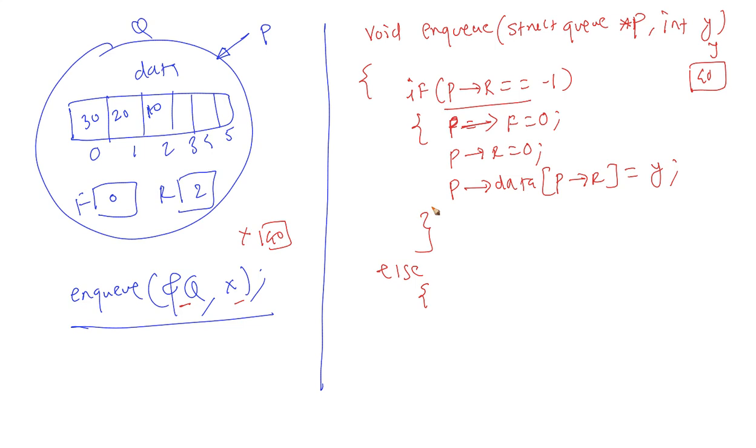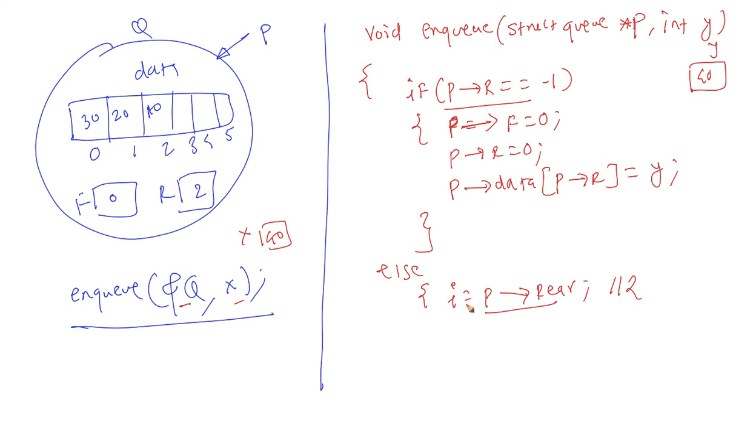Now I am retrieving the value of r, which is the location of the last element in this array. So else I is equal to p arrow rear. What is rear here? Rear is 2, so I will be 2 in this particular case.